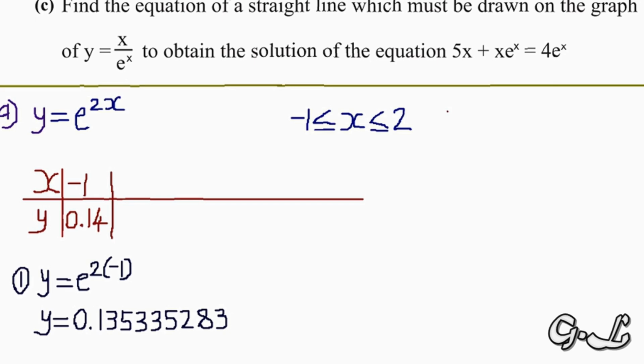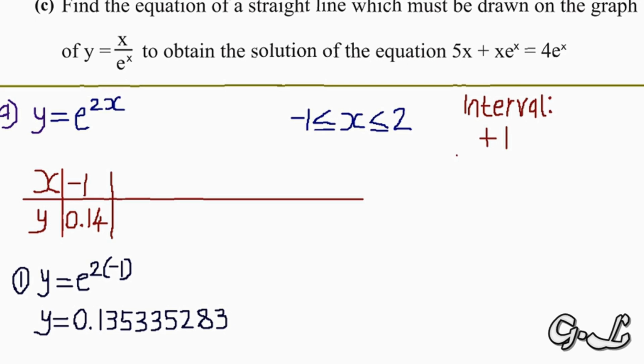Let's go to the next coordinate. The next coordinate can be determined by using a suitable interval. In this video tutorial, we chose an interval of +1. If you want, you can choose any interval.